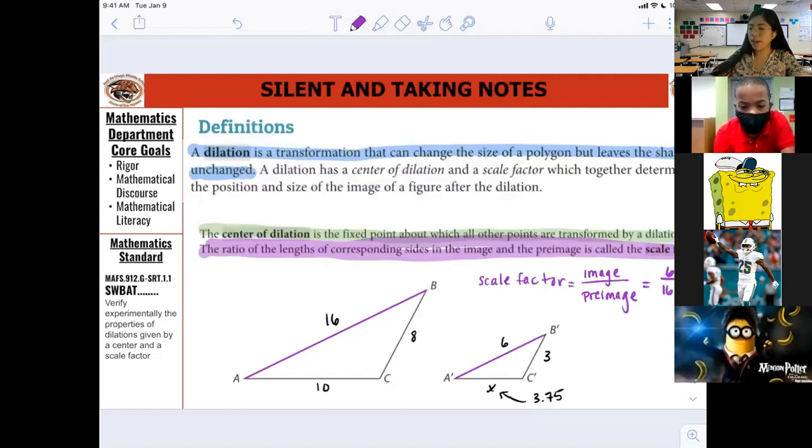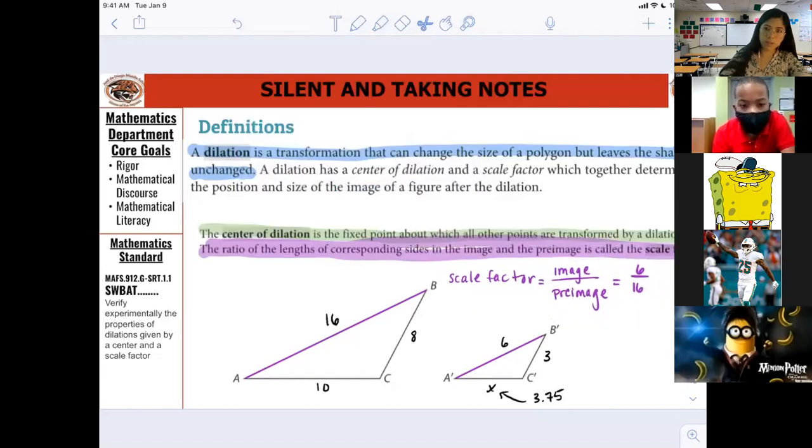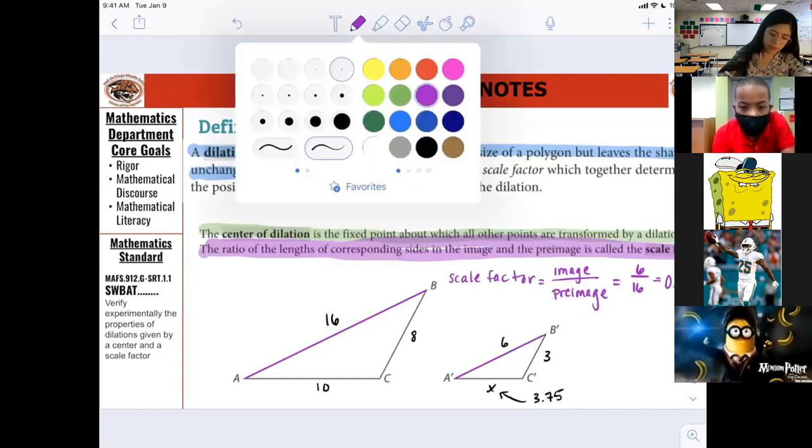Now if you divide that, what's 6 divided by 16? 0.375, right?